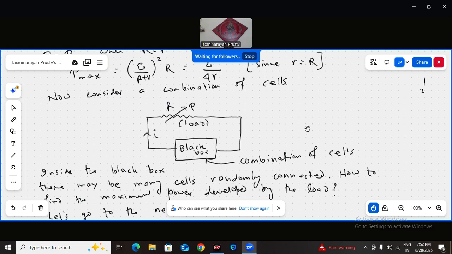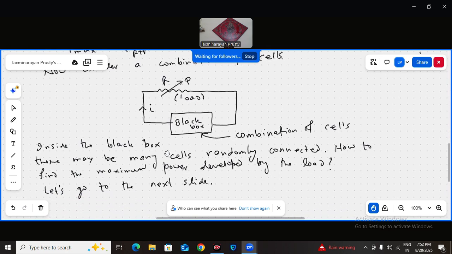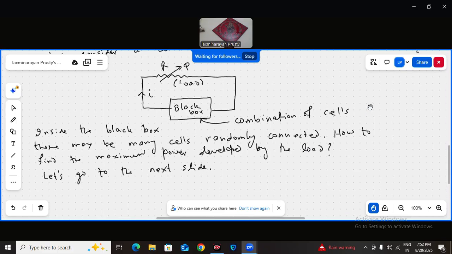Inside the black box, there may be many cells randomly connected. So how to find the maximum power that can be delivered by the load? I can go on varying the resistance till I get the maximum power.